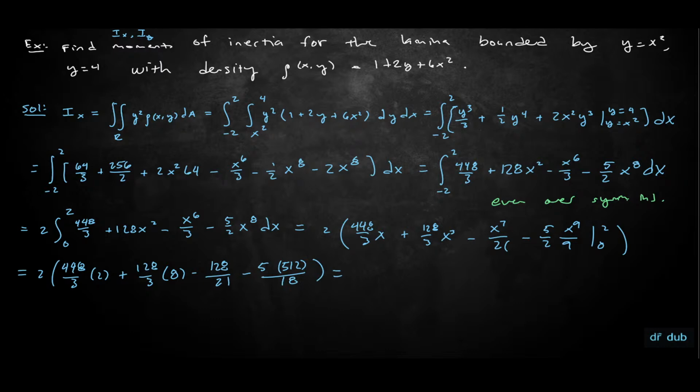And let's see what that's going to be: 448 times 2 over 3 plus 128 times 8 over 3 minus 128 over 21 minus 5 times 512 over 18, all of that times 2. Yes, and we get 61,952 over 63, which is about 983.37.